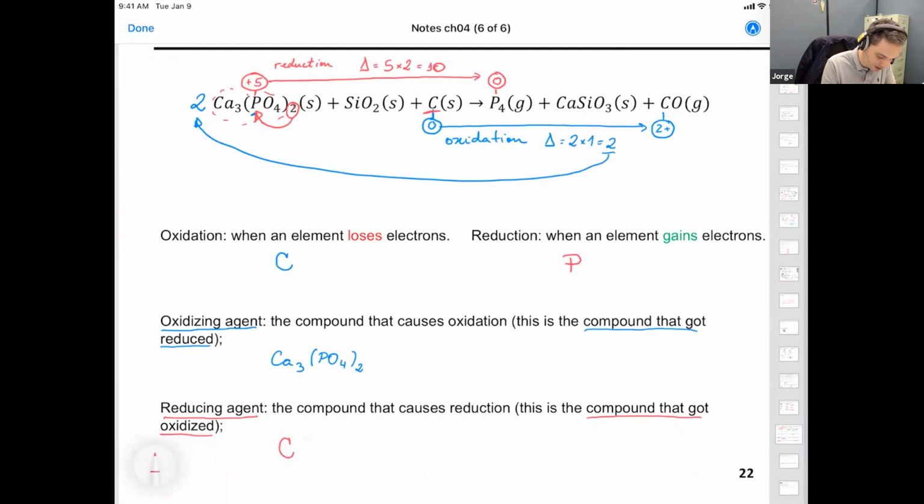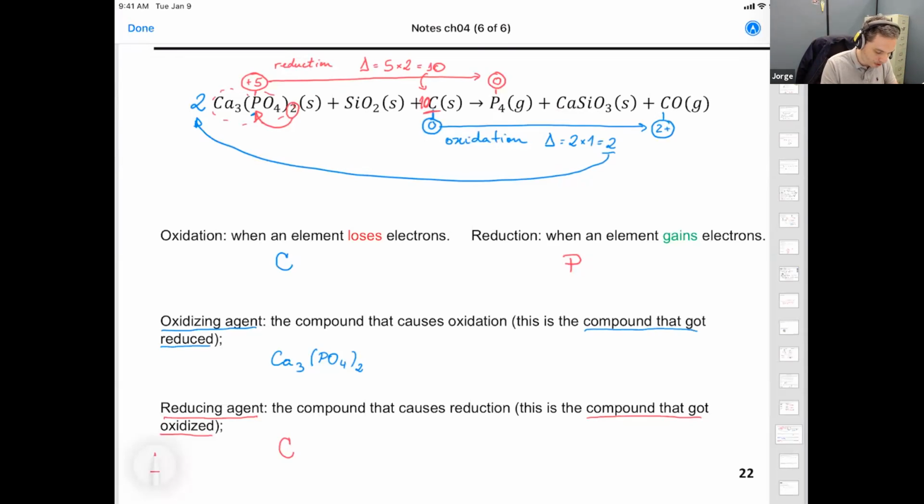So the number 10 is going to be the stoichiometric coefficient for the element that oxidized. Okay, so we just switched the deltas. The delta for the reduction becomes the stoichiometric coefficient for the element that oxidized, and vice versa. And those are going to be the stoichiometric coefficients that you will work with to balance the whole reaction.